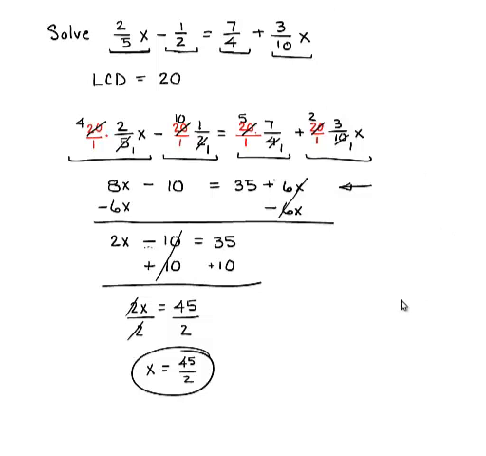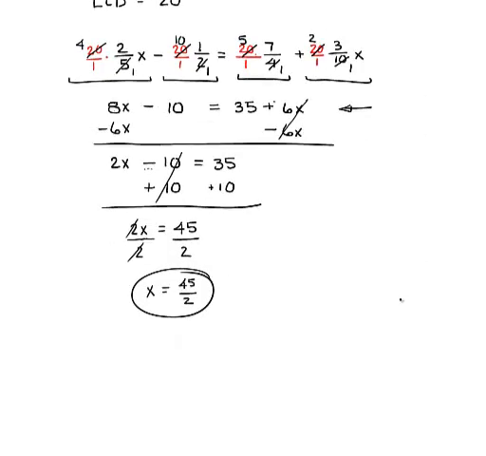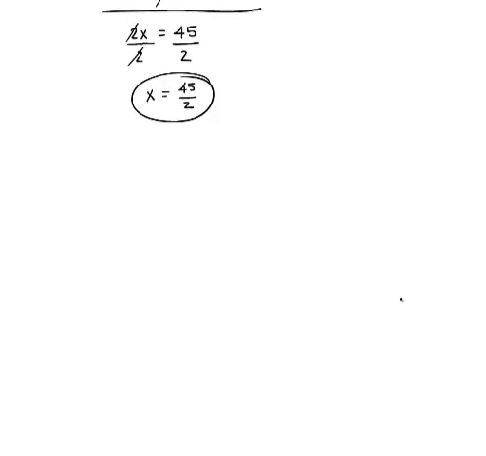So now if I want to check, let's see if that works. My original equation was 2/5 x minus 1/2 equals 7/4 plus 3/10 x.